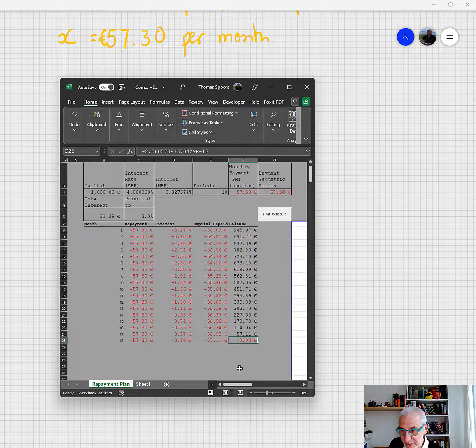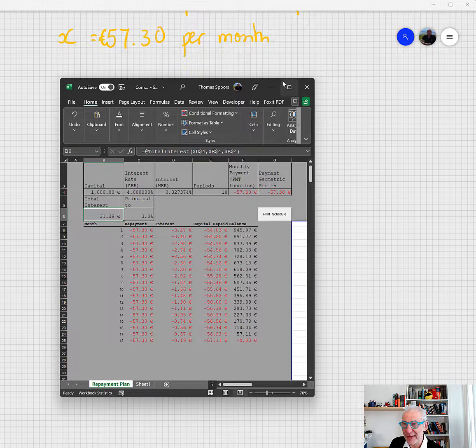And there you go, at the end of the 18th month, he has nothing left to pay. And just for interest, in order to do that, he had to borrow the money, and he had to pay the bank $31.39 for the pleasure of borrowing the money and buying his car.